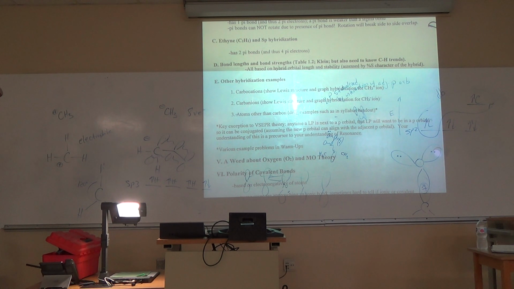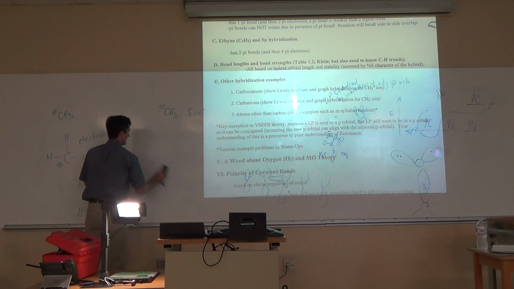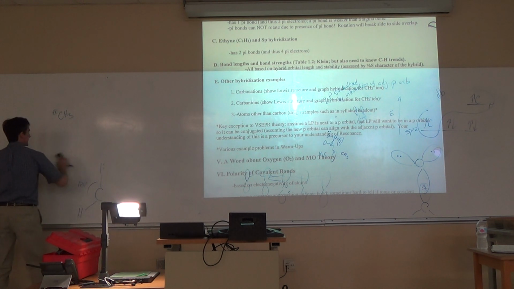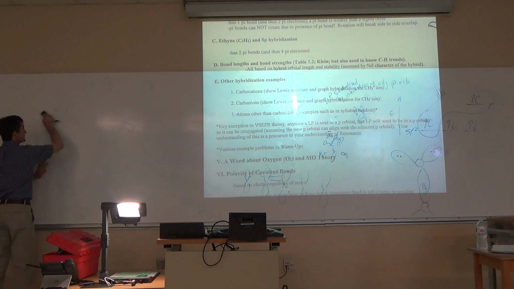Putting it into a p orbital is actually a less stable orbital. But that problem is overcome by the overlap between other p orbitals. It actually makes it better. If there's no overlap, it's not going to want to be in a p orbital. But the overlap is very important, magical: resonance, conjugation.